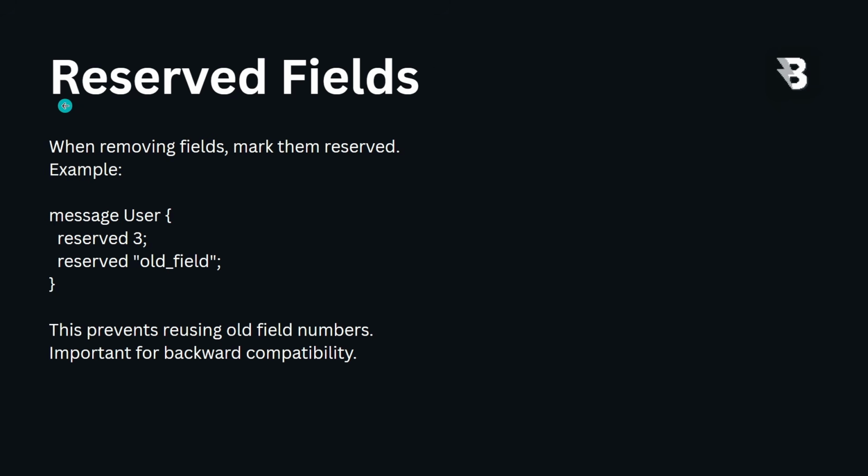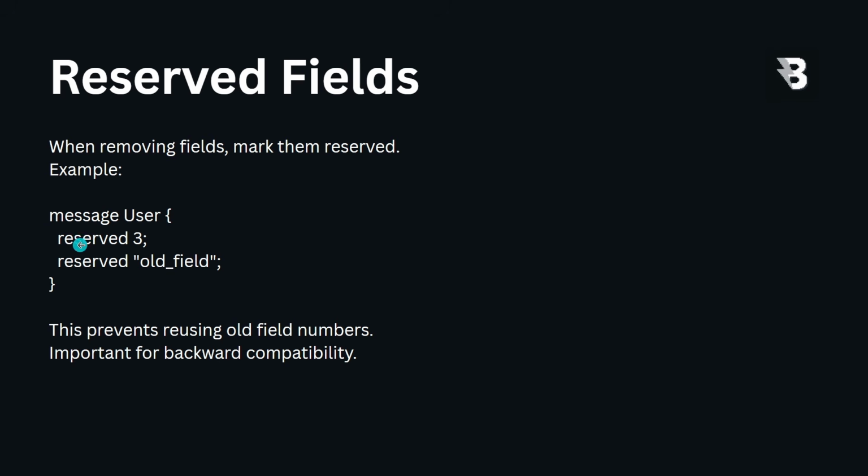Next, let's look at reserved fields. So, for example, when removing fields, mark them as reserved, because you can have versioning, right? Your proto file might be used in other services. So whenever you upgrade your proto file in a single service, you don't have to immediately upgrade in all other places.